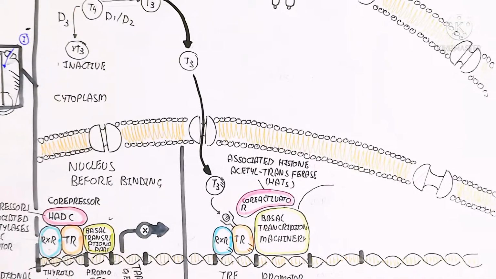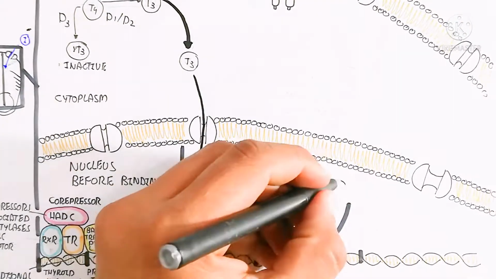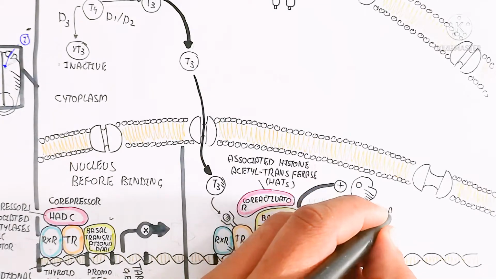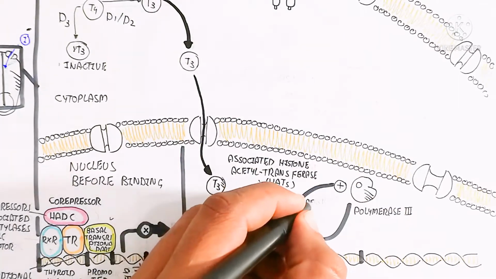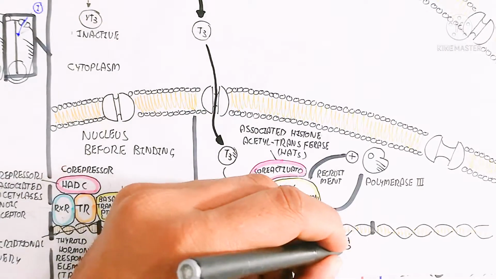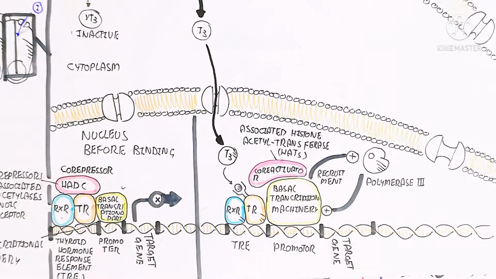So with the acetyl group added, there is activation of the gene, while when the methyl group is added, the co-repressor will occur. So in this way the methyl group will not allow the gene to be transcribed. So this is the target gene.